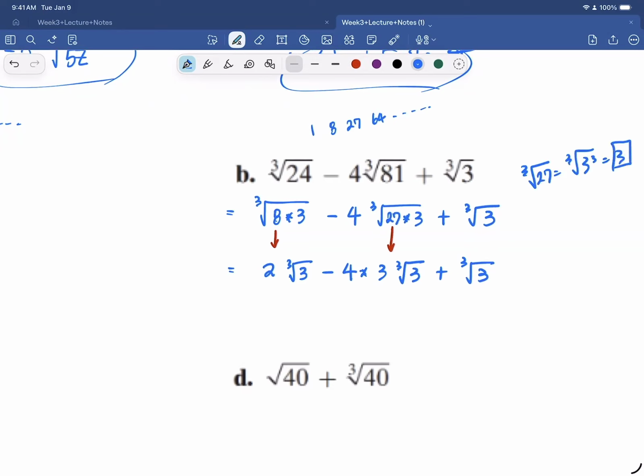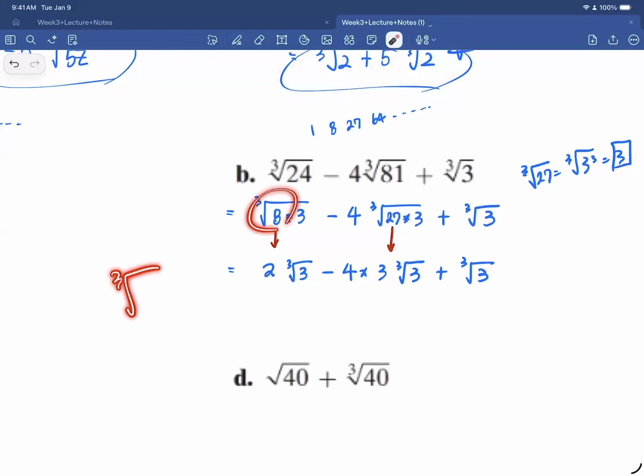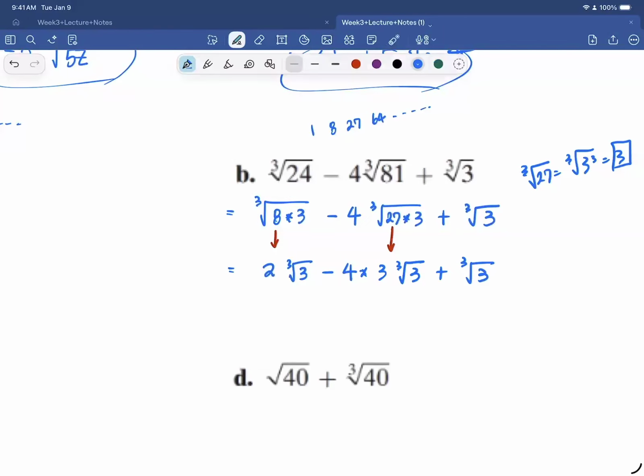The third root of 8 is the third root of 2 cubed, so that's why it's 2. So let's simplify. 4 times 3 is 12, and then the third root of 3, right?